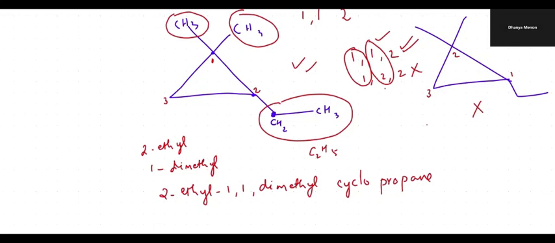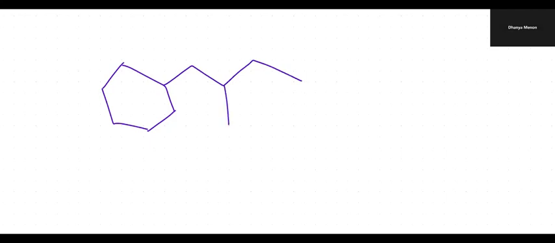Again, moving on to the next one. If I'm giving you this question, here there's a carbon. This carbon is attached.